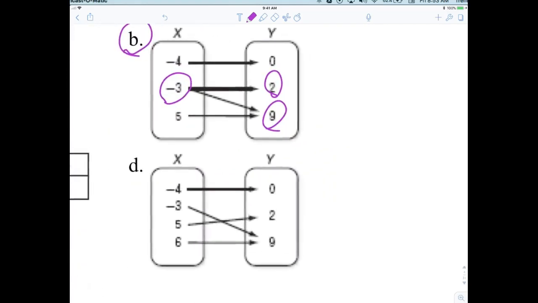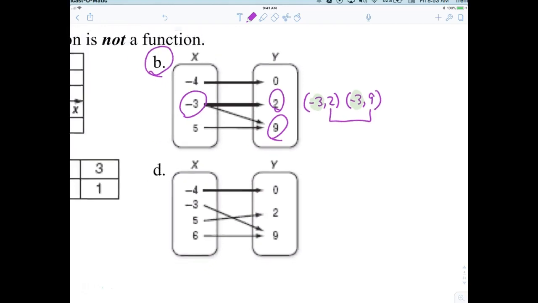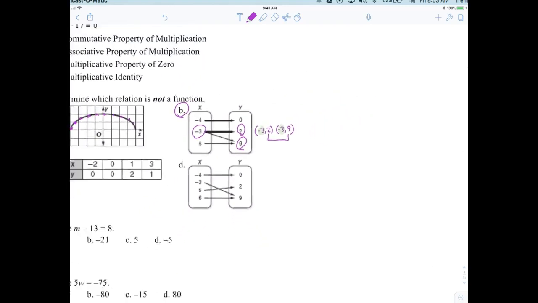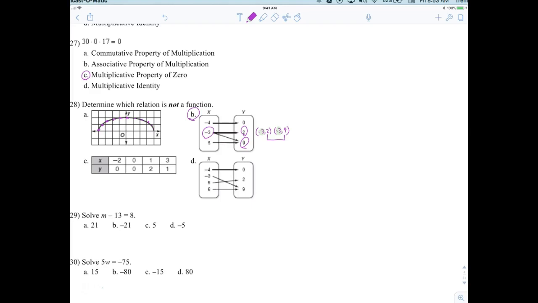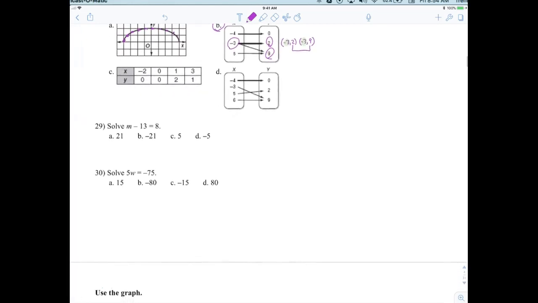Well, look, because of this, negative 3, 2 is also negative 3, 9. You hear me? Okay. And the x value, negative 3, has the same, has different y values, so that makes it not a function. All right, don't forget, B and D are called mappings. 28A is a graph, and C is a table. Those are the 3 different ways that we use to list out the x and y values.